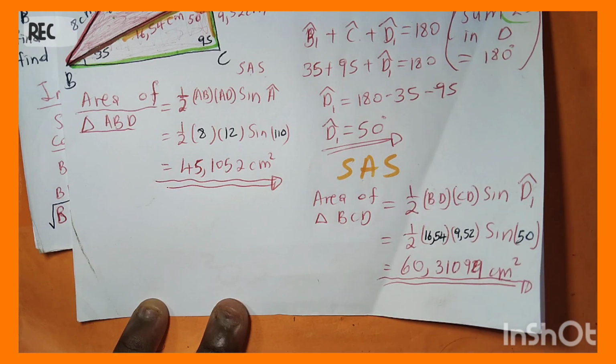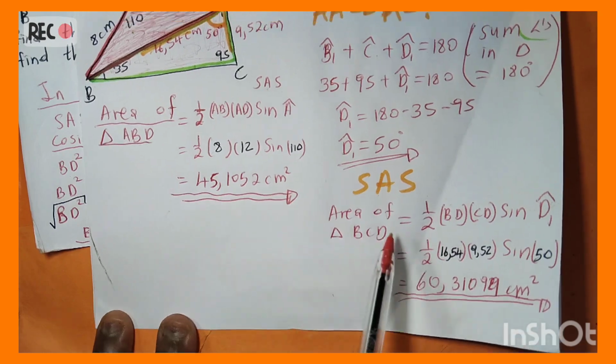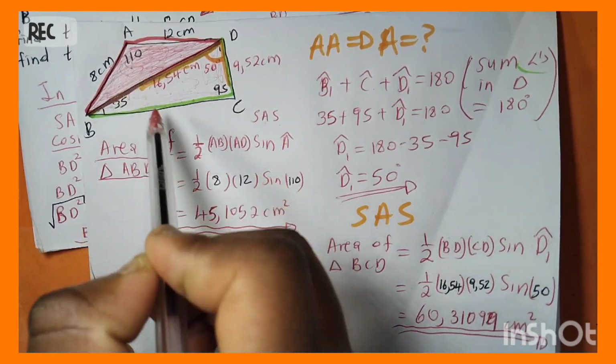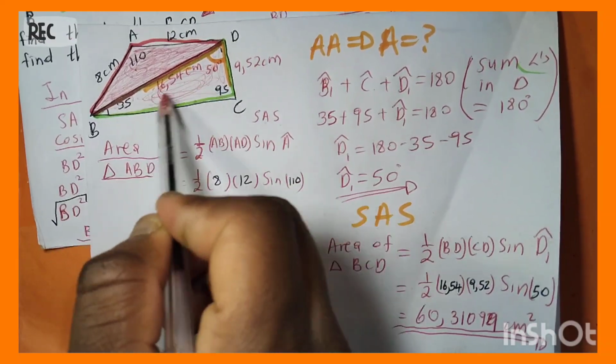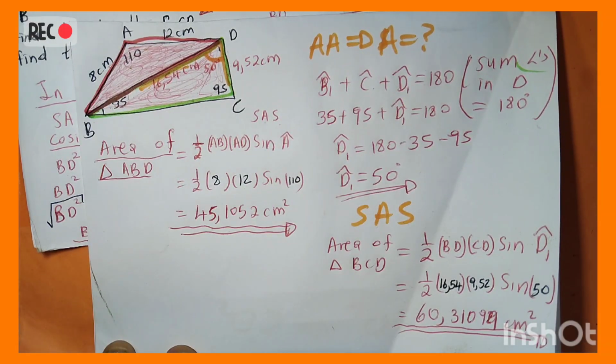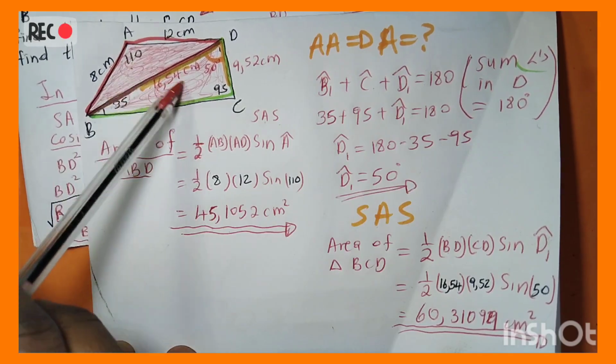Do you see? Okay, so now what I can do, I know these two areas. Those two areas, guys, are the area for this triangle and the area of that triangle. If I can ask you a question, between these two triangles, which one is big?